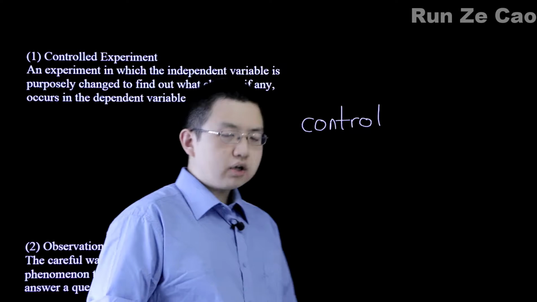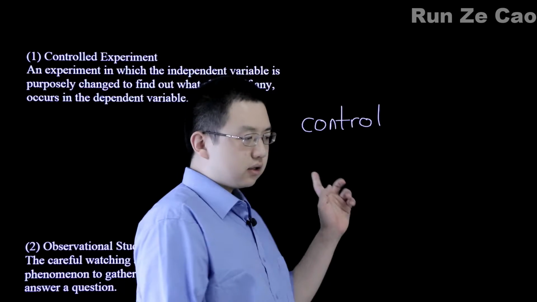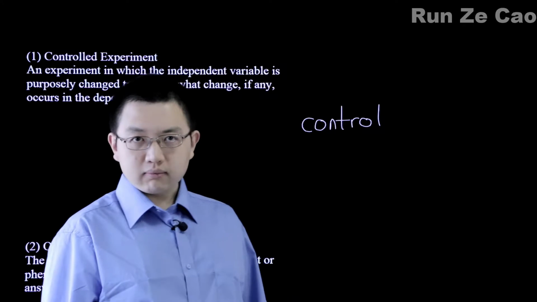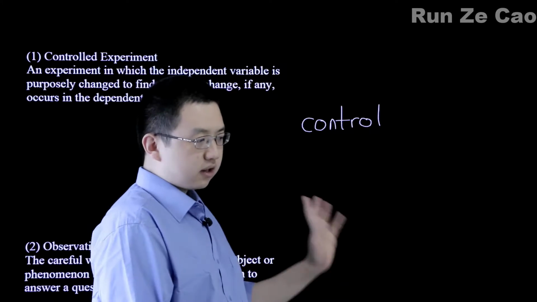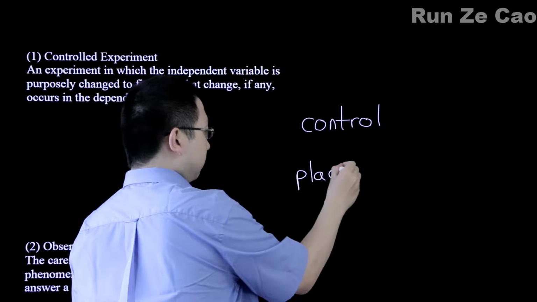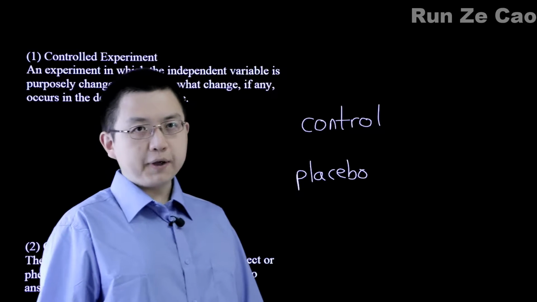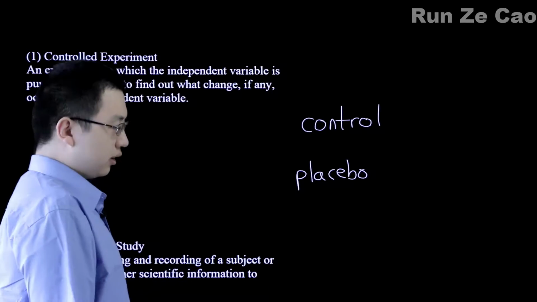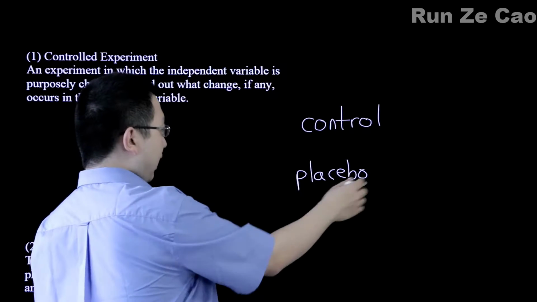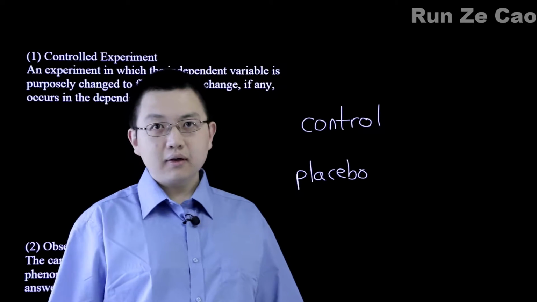For example, when you are testing the effectiveness of a drug, the control group is usually the group that gets no treatment. Then there is a placebo group. Placebo. The placebo group gets pills, but the pills have no active ingredient. So this is a, hey, I think I took a drug so I feel better type.